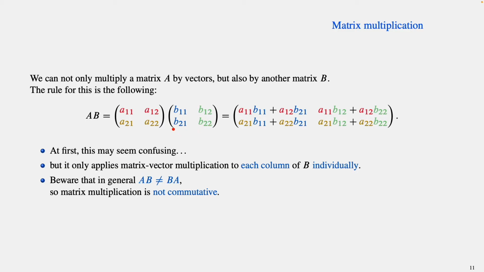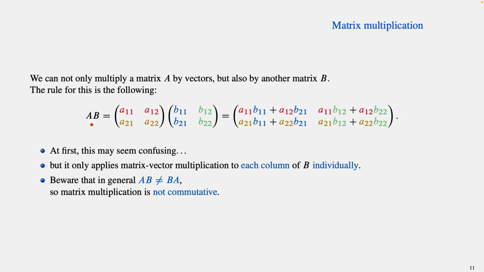We just learned how we multiply A with the vector x, and now we take matrix A and multiply it with the vector given by the first column of B. Then we get the first column of A times B. Then we multiply A by the second column of B, and this gives us the second column of the matrix product A times B.